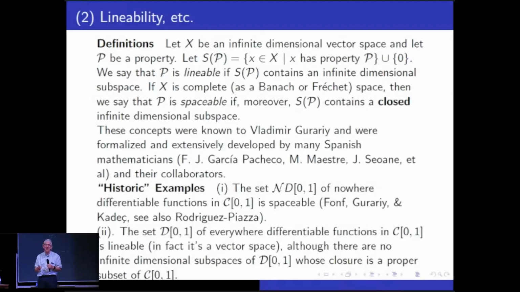Let me give you some historic examples. In each case, I think it's obvious what the property P is. In the first example, the property is nowhere differentiable. Look at the collection of continuous functions on the closed interval [0, 1].